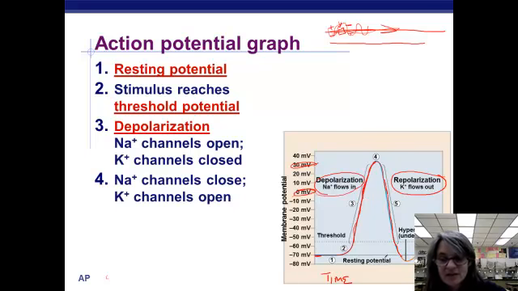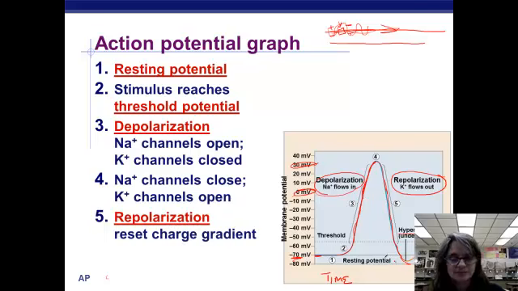In fact we let so many potassiums out that we actually overshoot our original negative 70 resting potential and go down to negative 80. That is called hyperpolarization. We've kind of overdone it. We've allowed so much potassium out, we overshoot the target of negative 70.